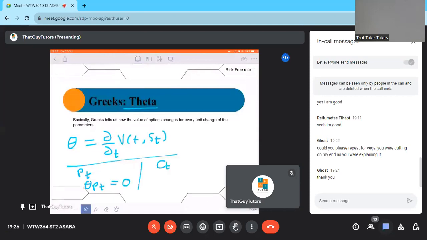It means that after a year of holding this call, its value is going to increase by 5 francs. If it's negative, it means that as time goes on, the value of the call is going to decrease. So the longer you hold it, the more it loses value.